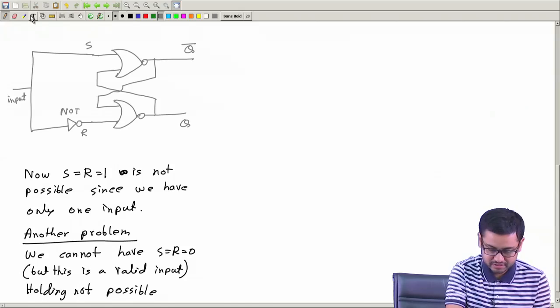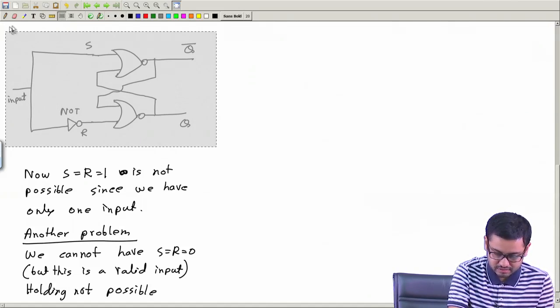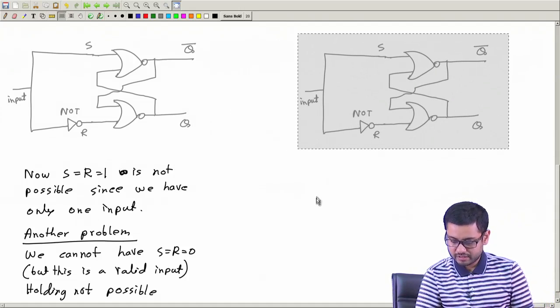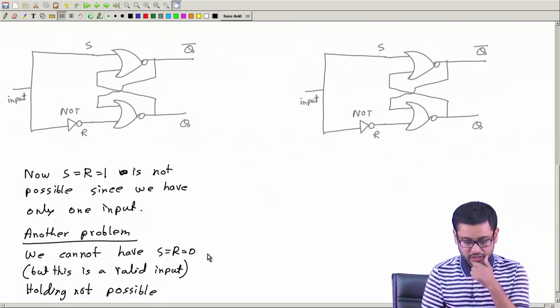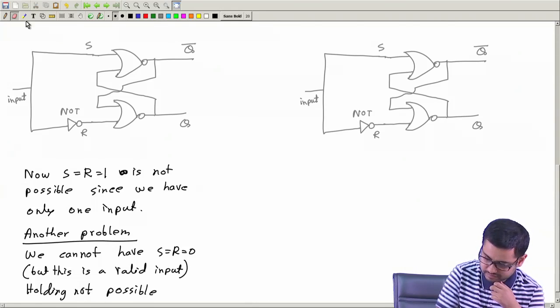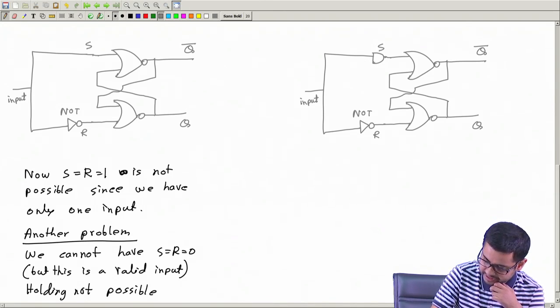Further modify this. Copy paste. Now I will put two AND gates. So this is an AND gate.